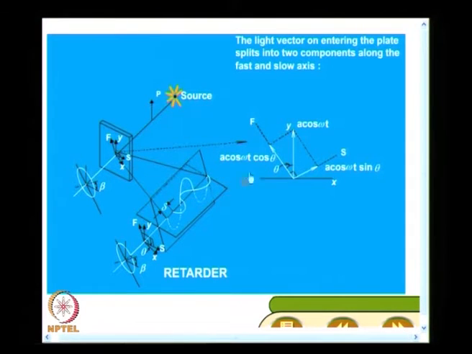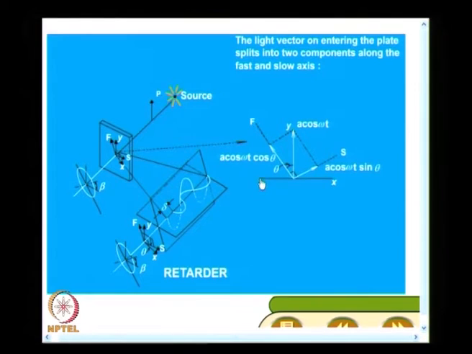So, if I understand these two in matrix notation, it is possible for me to give a mathematical representation of how a retarder can be represented. So, the moment I do this, if I have several optical elements, I just put those matrices in the order in which they are arranged, multiply them, and you will be able to comment on what is the intensity of light transmitted.